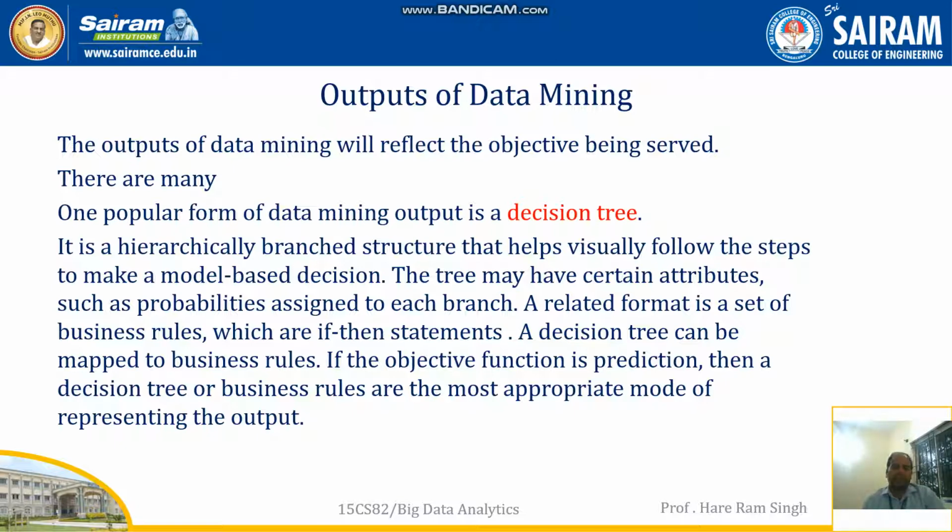What is a decision tree? It is a hierarchically branched structure that helps visually follow the steps to make a model-based decision. Means a set of problems are arranged in a hierarchy form. The answer of one question will lead you to another question, and the answer of that question will further lead you to another question, and like that you will get your final output or final solution.